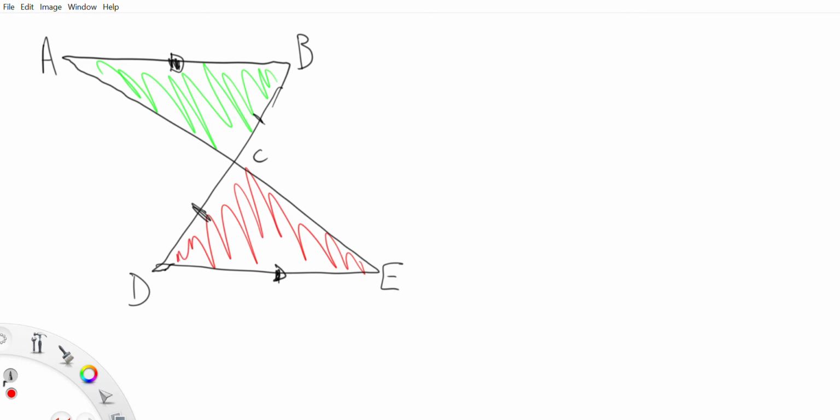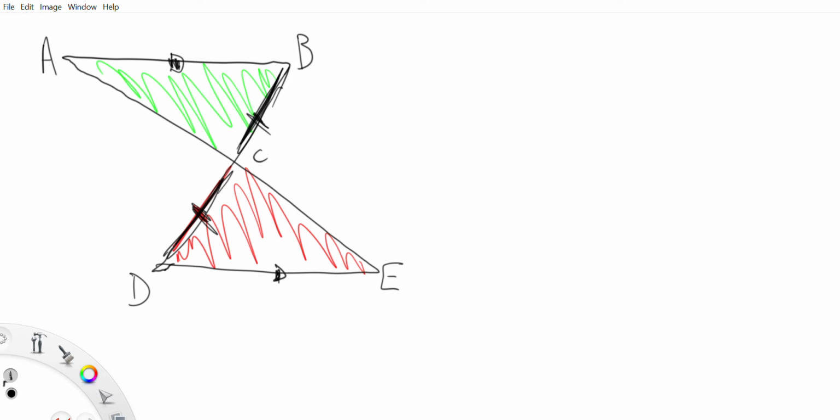Now, first of all, have we got any sides that are exactly the same? Yeah, we would say this side here and this side here are exactly the same, because we've got the little notches there.